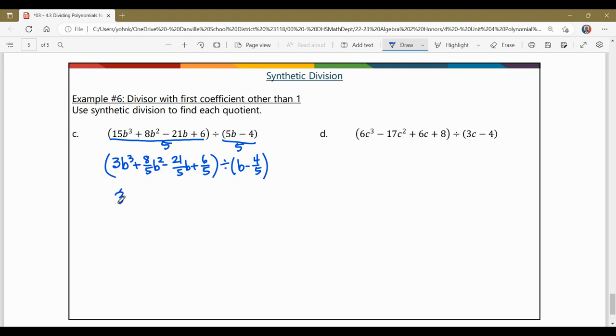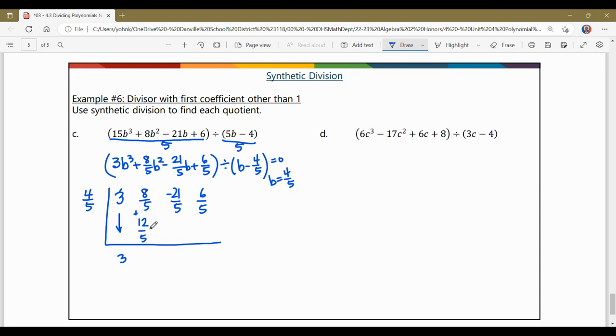So I'm going to grab the 3. Doesn't look like I'm missing any exponents. The 8/5, the minus 21/5, and the 6/5. And I'm setting this equal to 0, so I'm getting a positive 4/5. So I'm going to bring down the 3, and I'm going to multiply 3 times 4/5, that's 12/5.